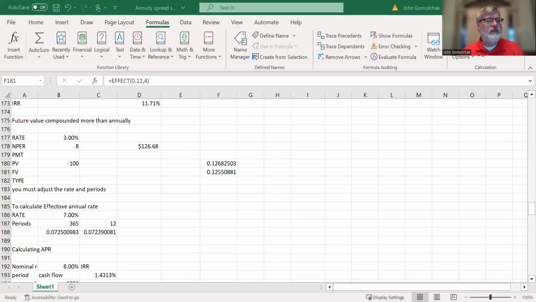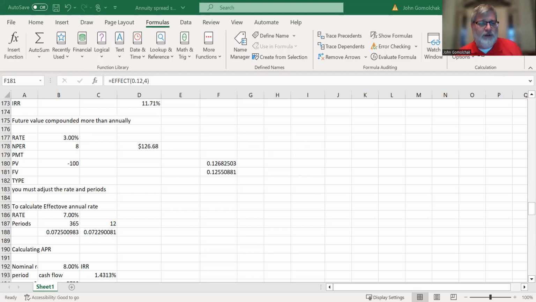And the problem they give us in the book is if you have an account which is going to charge you 1% per month, that would be 12%, right? The nominal rate of 12%. Or what if you had somebody that was charging you 3% per quarter, which would also be a 12% nominal rate, right?